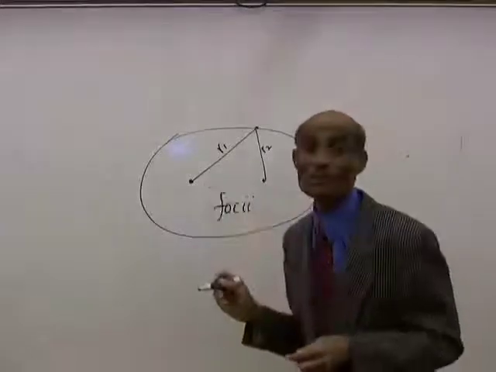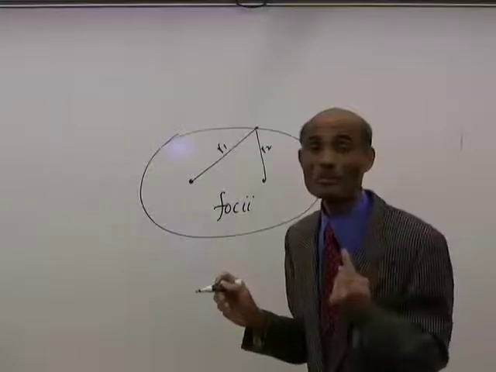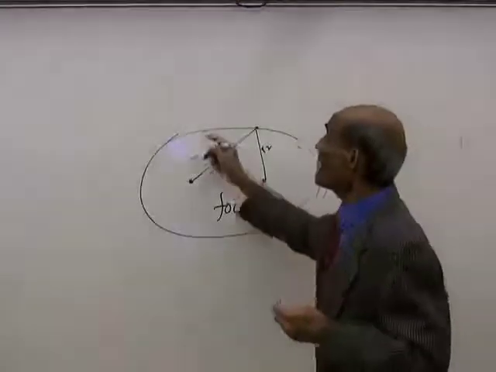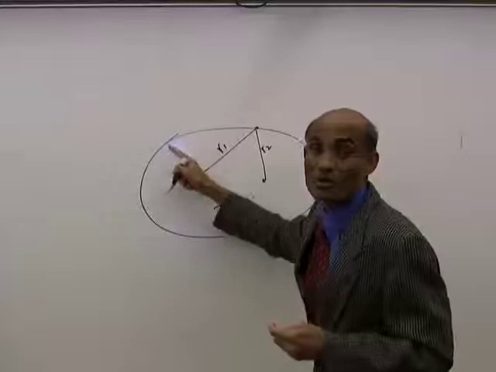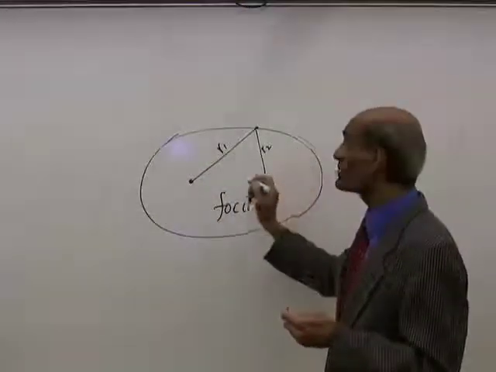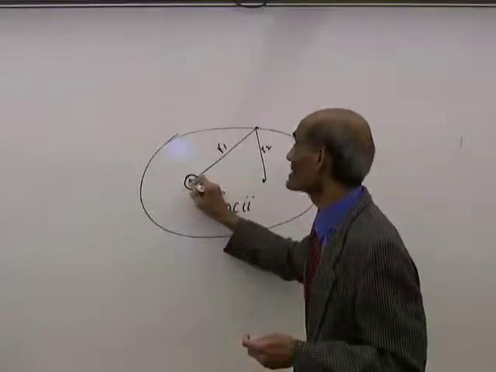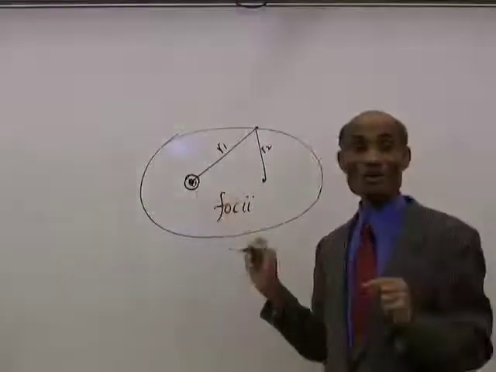Now, what did Kepler's first law say? Kepler's first law said a planet moves around the sun in an elliptical path with the sun at one focus. So the sun is sitting at one focus.